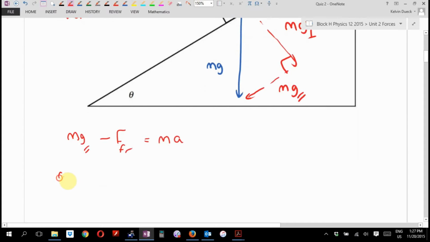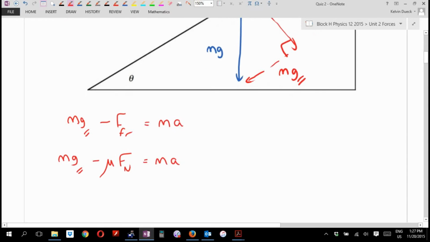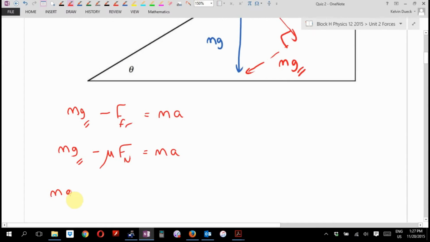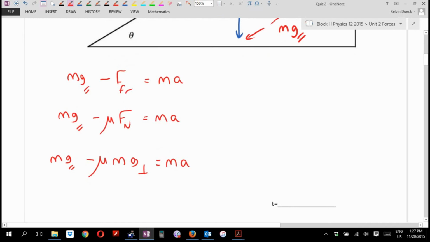That's going to be mu times the normal force, ma. I don't know the normal force. Oh, but look. I know another force the same size as the normal force, ma. I think my m's are going to cancel, I suspect, because I think there's an m in everything.